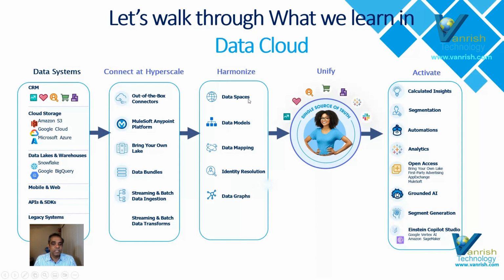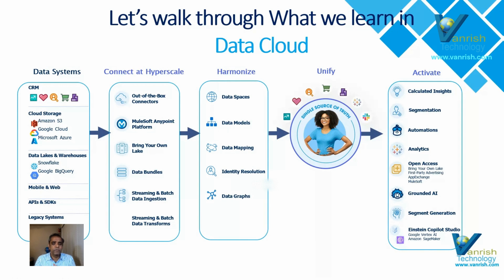Data space is the place where the data you are importing or ingesting goes. It is based on your requirement, like any brand or geo location, so you can segregate your data based on that requirement.